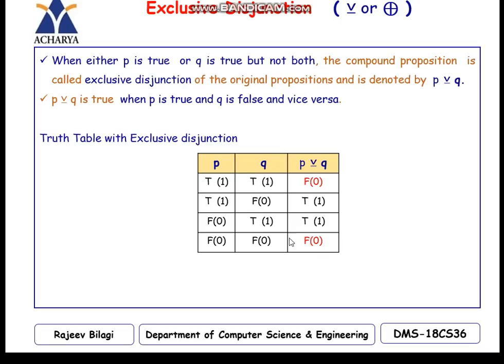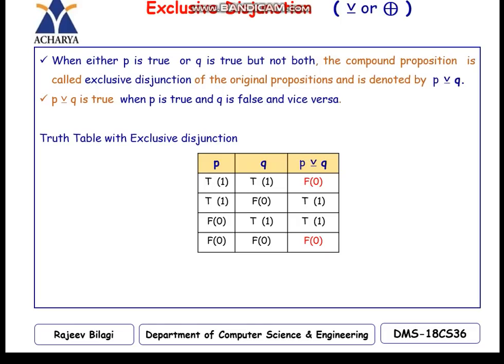If you look at this particular table, T, F, F, T. So one should be true and the other should be false. Then only it is true, otherwise false. How to remember? It is very simple. When P and Q have the same truth values, then it is false.